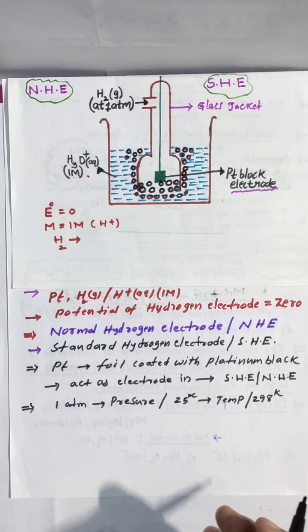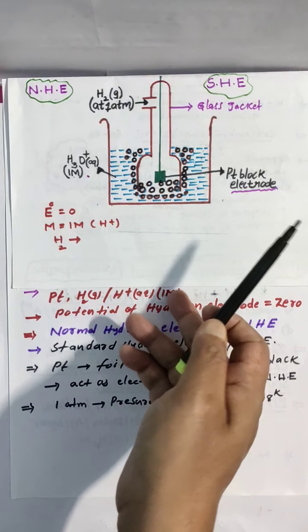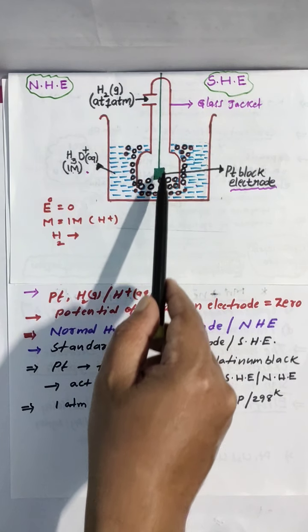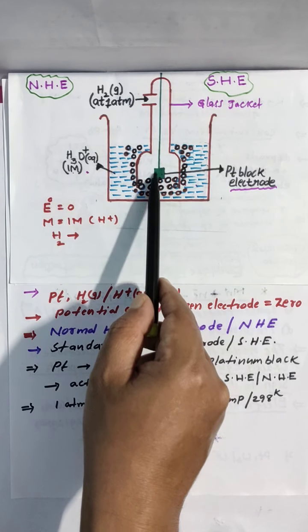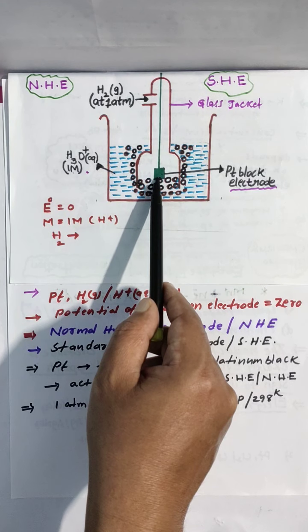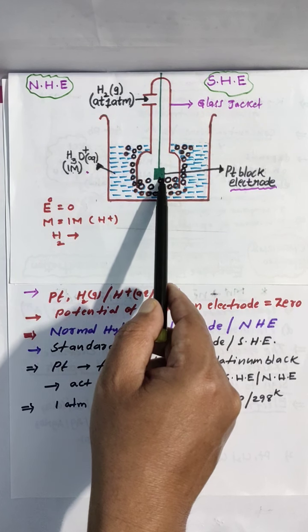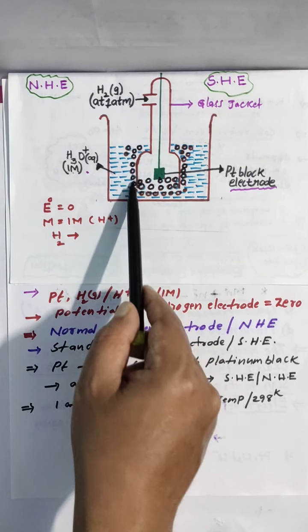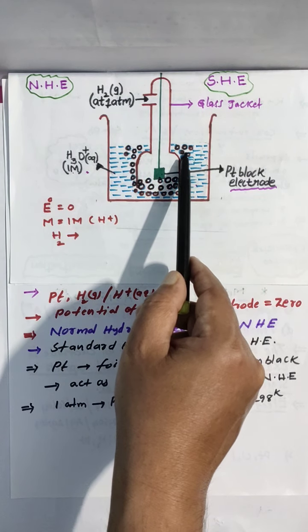Now what happens in the reaction in the cell? When hydrogen gas is introduced, this platinum foil absorbs some amount of hydrogen gas, and the remaining amount of hydrogen gas bubbles out.